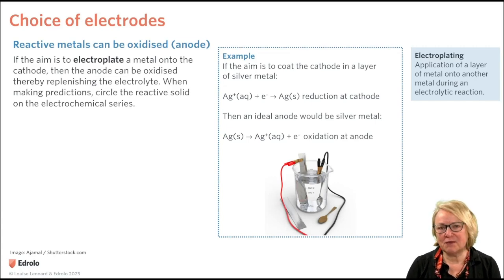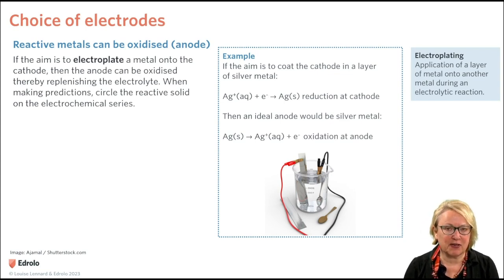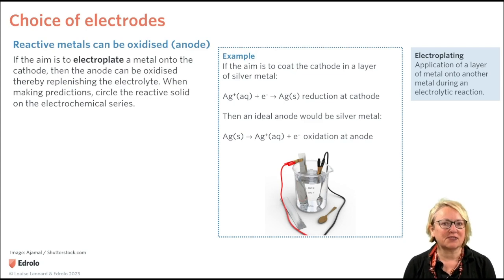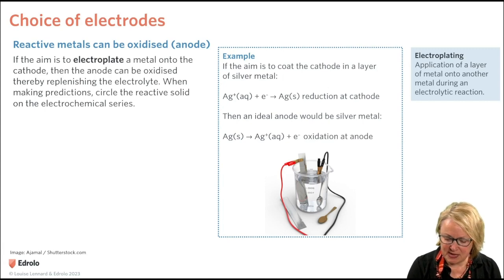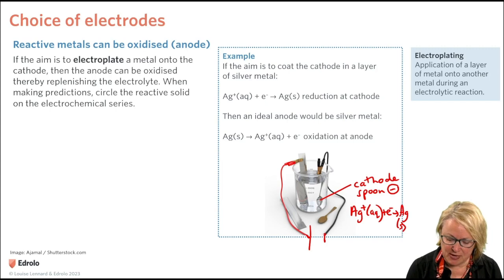Okay, so when we're choosing electrodes, we need to think about whether we want our anode to react, to be oxidised. If the aim is to electroplate a metal onto the cathode, then the anode can be oxidised to replenish the electrolyte. So in the example that we had earlier, where we have our power supply in our circuit, and we have the cathode being the spoon, and we've got silver ions grabbing an electron to produce silver metal at the cathode.